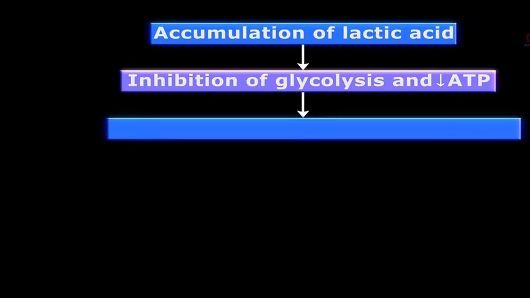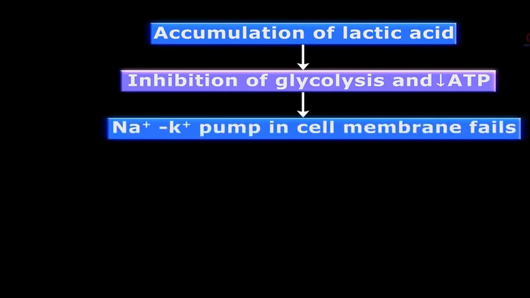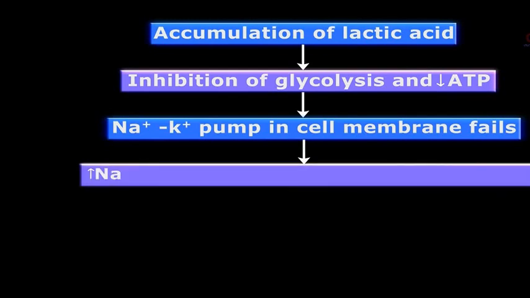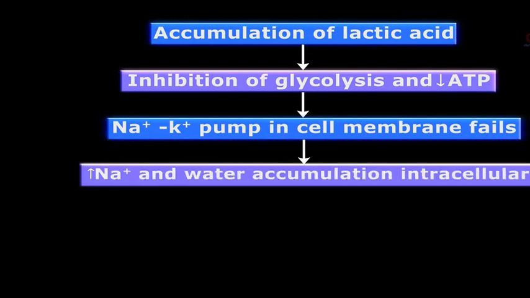More and more lactic acid accumulates around the spherocytes, and this causes inhibition of glycolysis in the RBCs and decreased ATP. This leads to failure of the sodium potassium pump in the cell membrane. Now what happens? Increased sodium and water accumulate intracellularly.